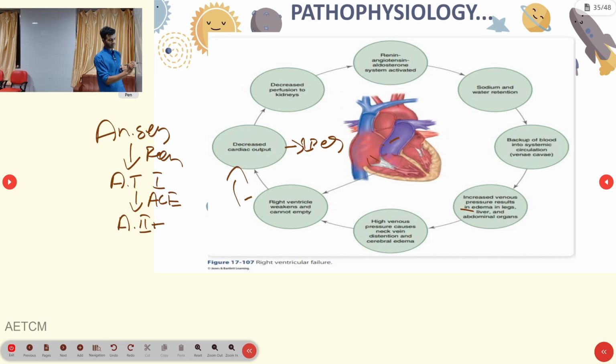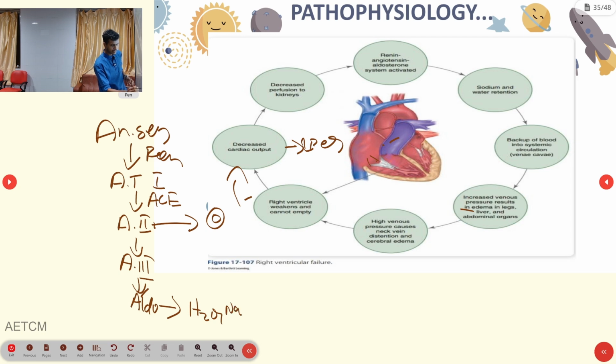This angiotensin 2 is a potent vascular constrictor, that is a vessel constrictor. Then it will convert into angiotensin 3, then it will metabolize into aldosterone. Aldosterone will retain the sodium and then water. Retention of sodium and water is the main compensatory mechanism.